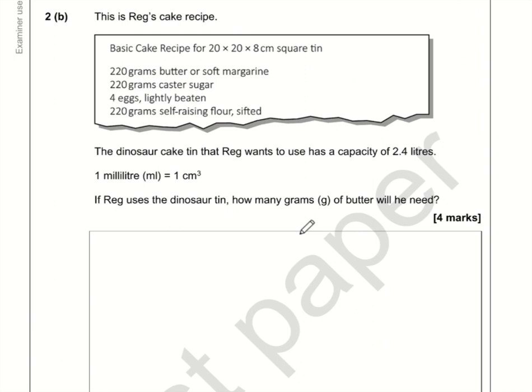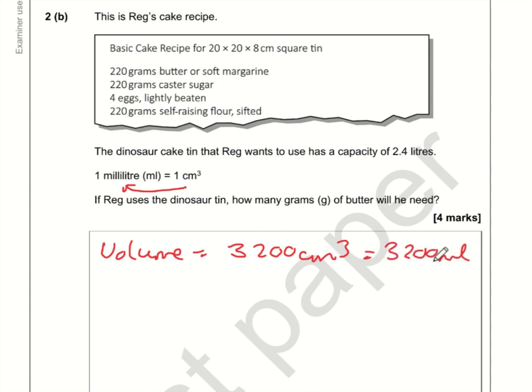So we know from the previous question that 20 times 20 times 8, so the volume is 3,200 cubic centimetres. So we're going to convert that into millilitres, which is a very easy conversion. So that is the same as 3,200 millilitres. So I'm going to convert 3,200 millilitres into litres.